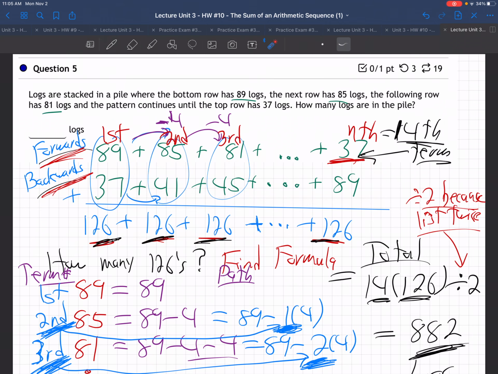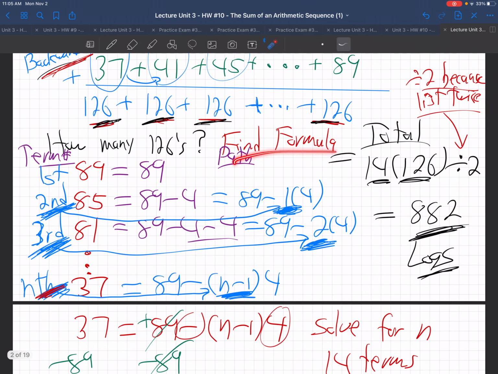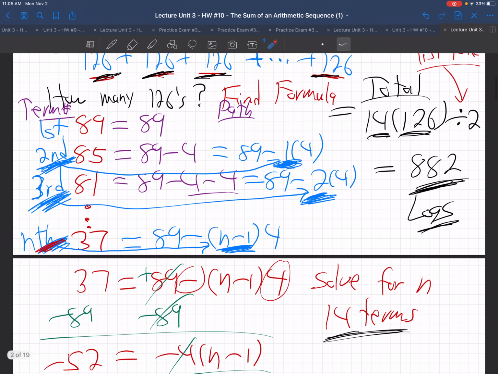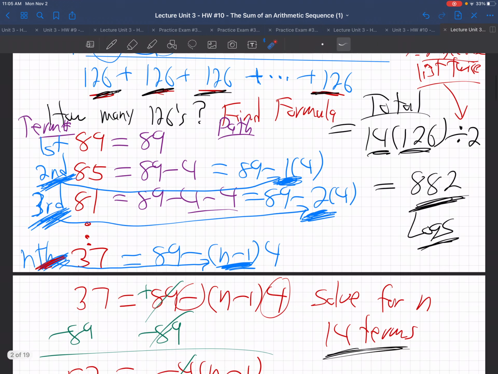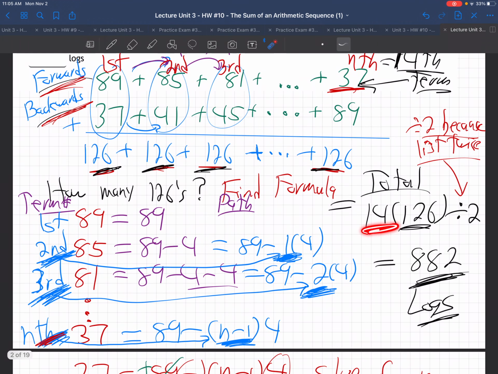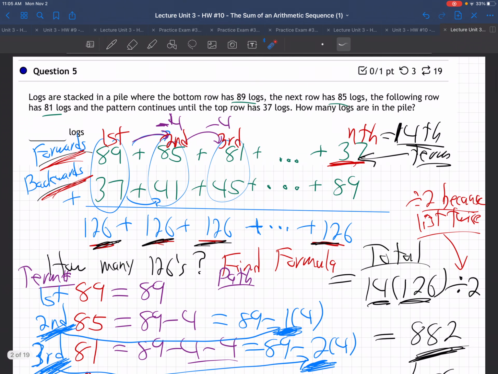We had to find out how many, which means we have to find out how many terms, because every term leads to another 126. So this is the first term, second term, third term. This 37 is the nth. We found the formula for that, which came out to be 89 minus n minus 1 times 4. I want to know the 37 is what term. So I put in 37 and solve for n. n is 14, so that's the 14th term. So there's 14 126s, but then divide by 2 because that's the list twice. 882 logs.